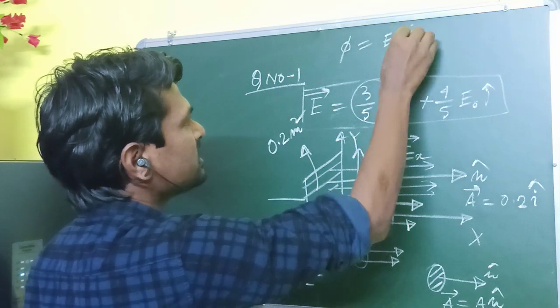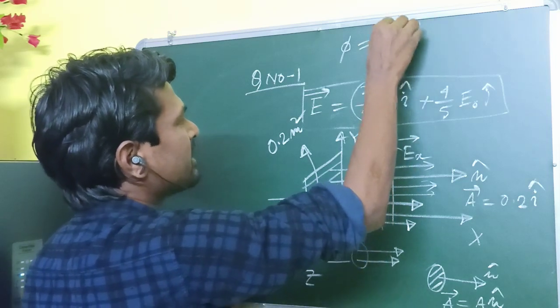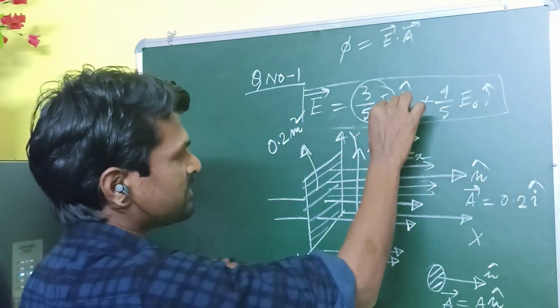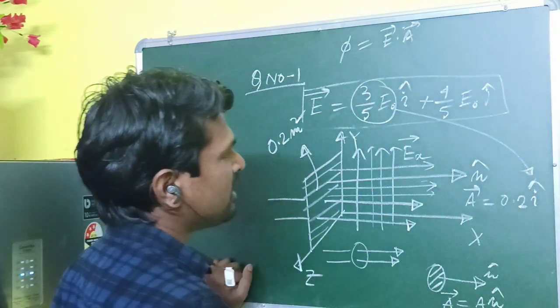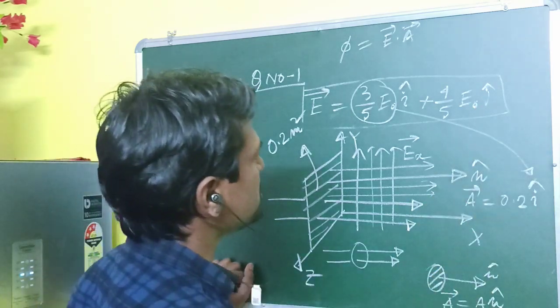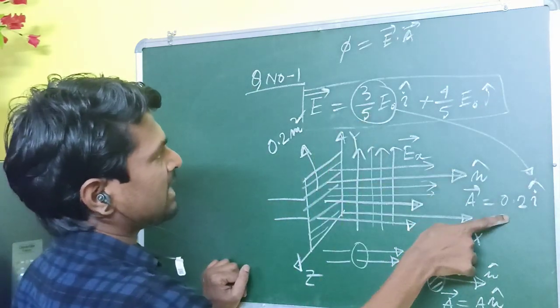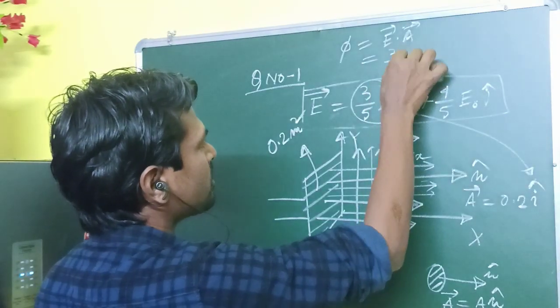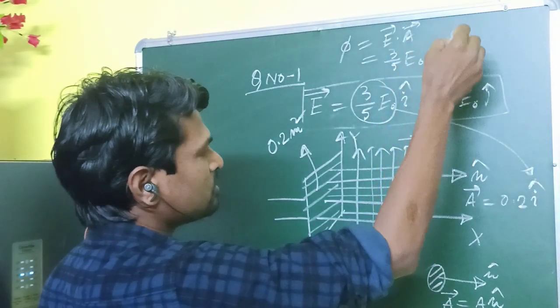Here it is A, so E dot A. The electric field is given and the area vector is given, so multiply: I cap dot I cap equal to 1 and J cap dot I cap equal to 0. So multiplying, we get 3 by 5 E naught into 0.2.